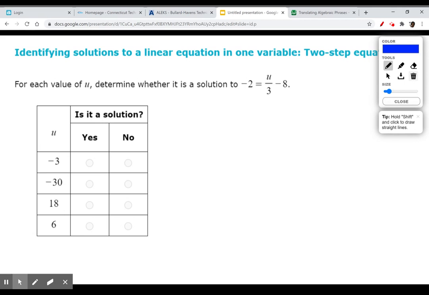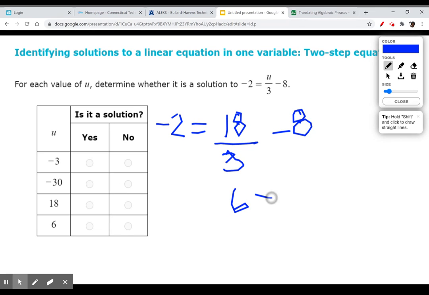Now we're going to test out, not with -3, with 18. So -2 is equal to 18 over 3 minus 8. 18 divided by 3 is 6, minus 8.